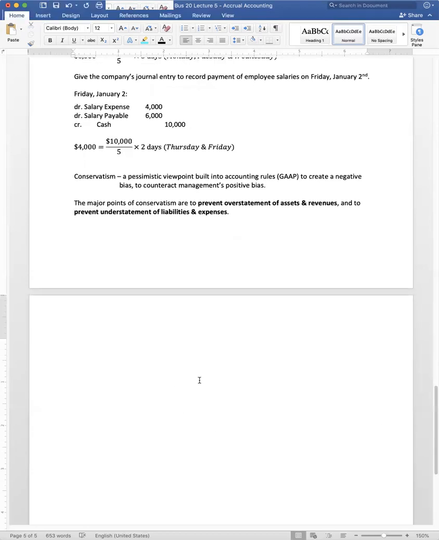Okay, the last thing I want to talk about today is categorizing assets and liabilities. So it turns out that assets and liabilities are actually subcategorized on the financial statements, on the balance sheet, because there are so many of them.